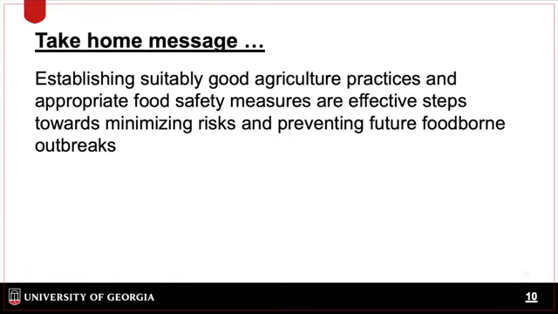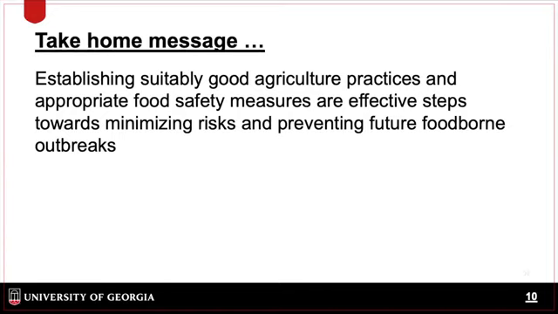As I said, my take-home message here is that establishing suitable good agricultural practices and appropriate food safety measures are effective steps toward minimizing risks and preventing future outbreaks. Again, for this outbreak, the source has not been identified, and it might never be identified because, going back, sometimes it's pretty difficult to identify where the contamination happened.